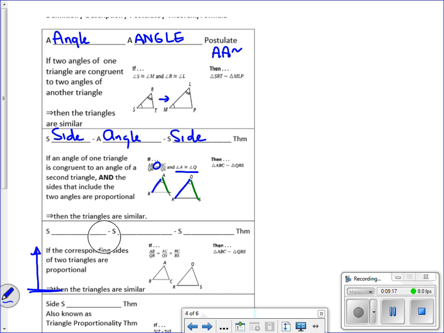Okay, and that works for triangles. Now remember, when you write this ratio, the ratios are what's going to be the same, not the sides themselves. Remember, the shapes are different sizes.